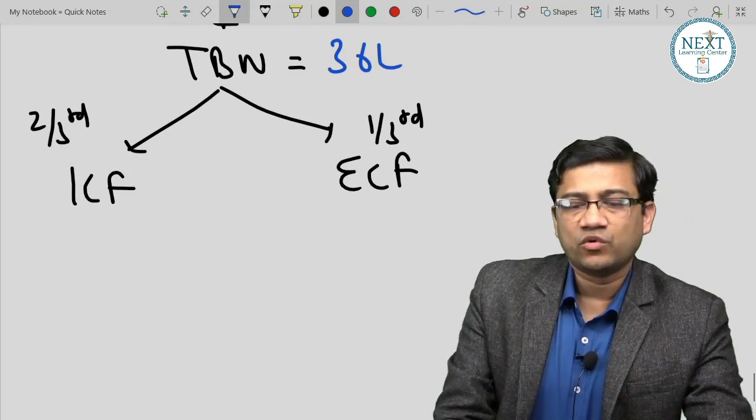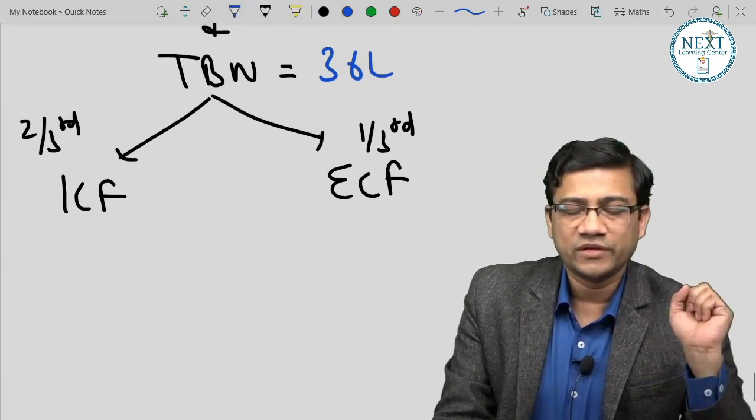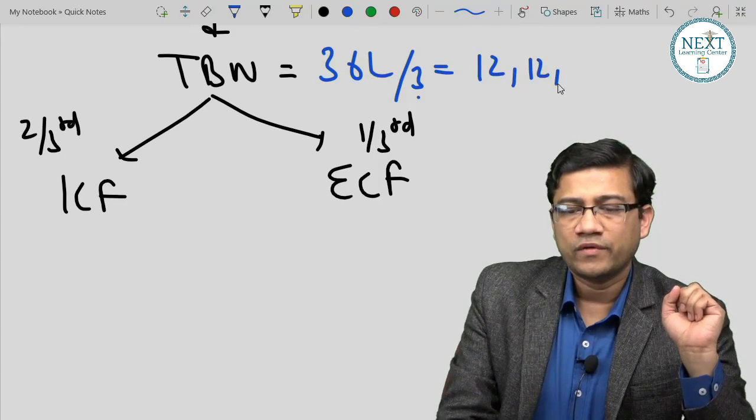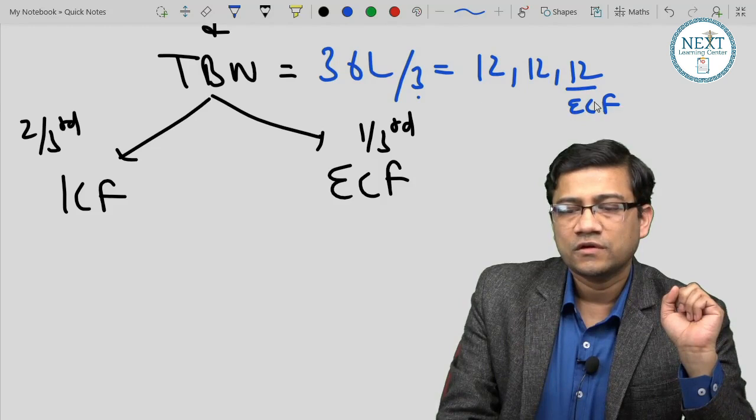If the total body water is 36, let's divide into 3 parts. Divide by 3, you get 12, 12 and 12. So 12 becomes ECF and 24 becomes ICF.